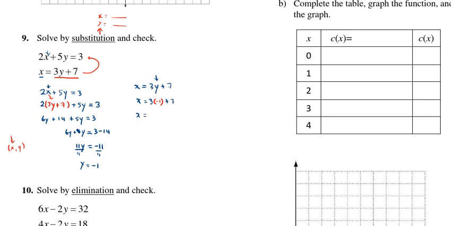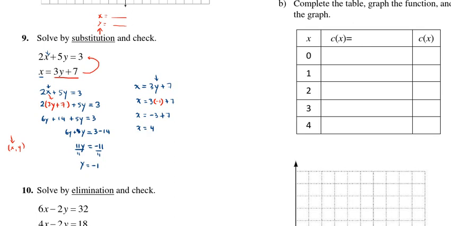And we solve for x. 3 times -1 is -3 plus 7. We only need to simplify on the right side, and -3 plus 7 is +4. And now we have our x and y values to write our solution.